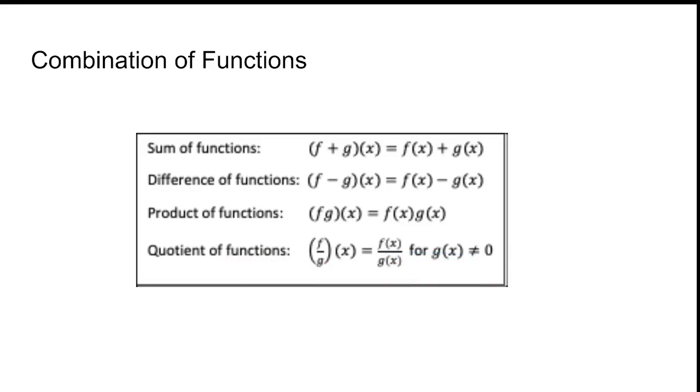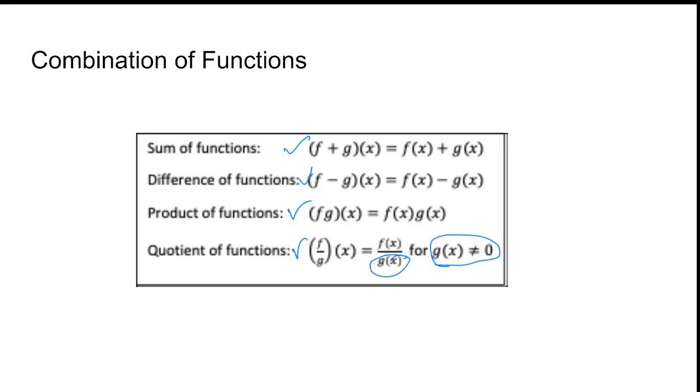So as we see, combinations involve addition, subtraction, multiplication, and division. Now when we have division, of course, since one function ends up in the denominator, an issue we're going to have is we're going to have to make sure that we exclude any values from the domain where that denominator function could become 0 or does become 0.